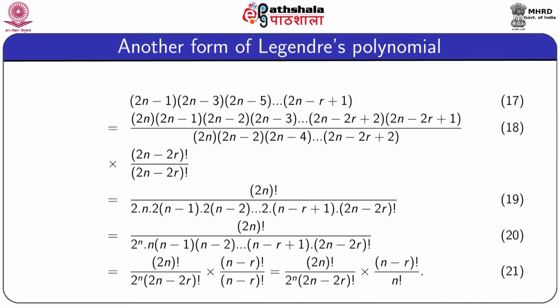We now take the denominator of 13, which is 2n minus 1, 2n minus 3, 2n minus 5 dot dot dot 2n minus 2r plus 1. You multiply this expression by 2n minus 2r factorial divided by 2n minus 2r factorial. If you do that, you get equation number 21, which is 2n factorial divided by 2 into n, 2 into n minus 1, 2 into n minus 2 dot dot dot 2 into n minus r plus 1 into 2n minus 2r factorial.